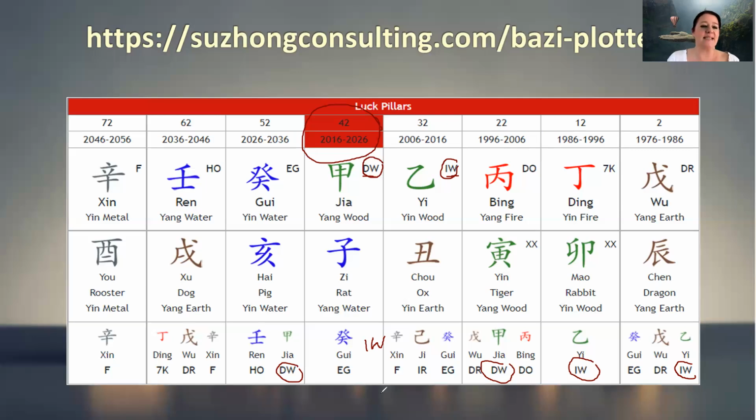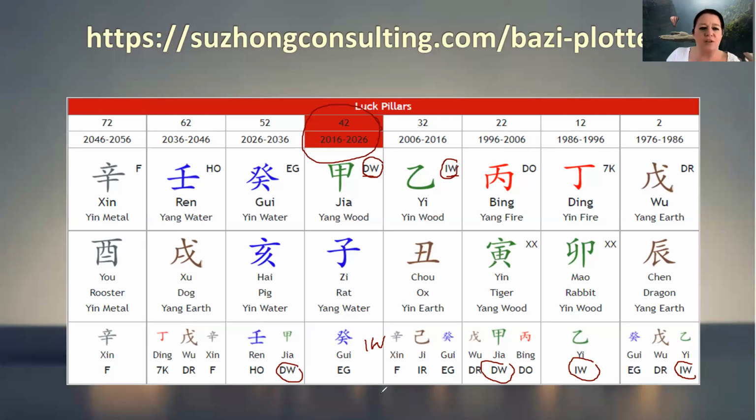And the good thing is that if you happen to go through a luck pillar like this, where you have DW or IW somewhere at the top or at the bottom or both, it also means that suddenly your financial security becomes much, much more important. Maybe before, for 20, 30 years, you were always thinking, oh yeah, money is eventually going to be there.